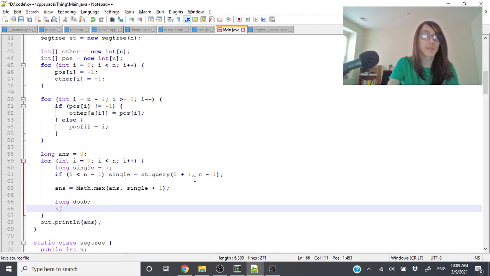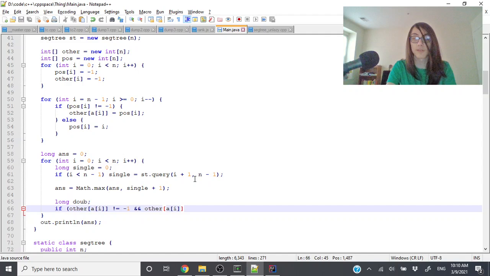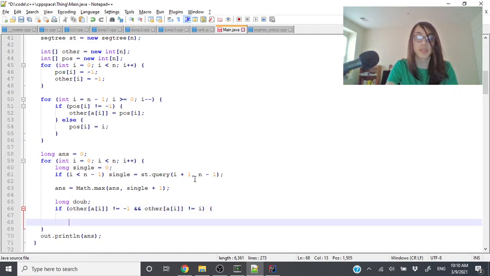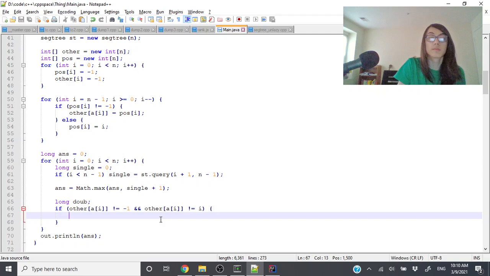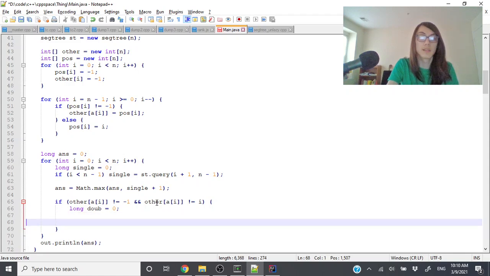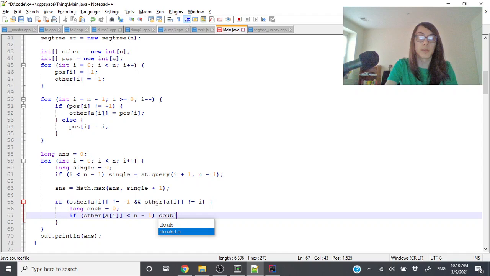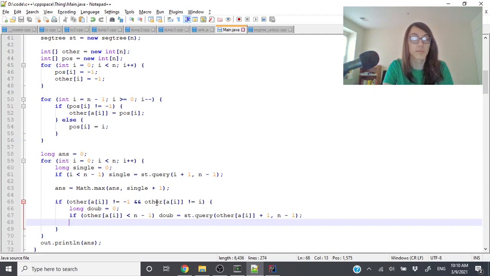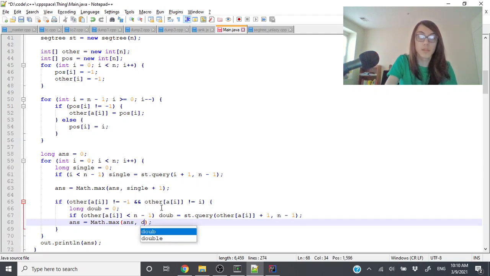So if other[i] is not equal to -1, and this is not the other, so this is the first occurrence, so it can't be equal to this index, then we'll say long dub equals 0, and if other[i] is less than n minus 1, dub equals st.query other[i] plus 1 to n minus 1. Then it should be dub plus 2.